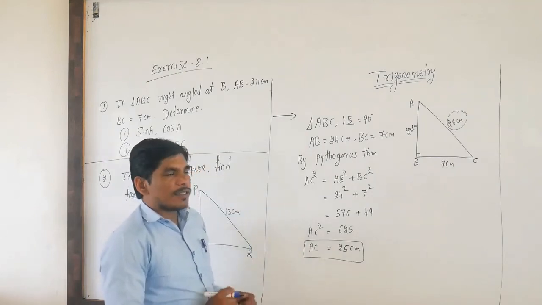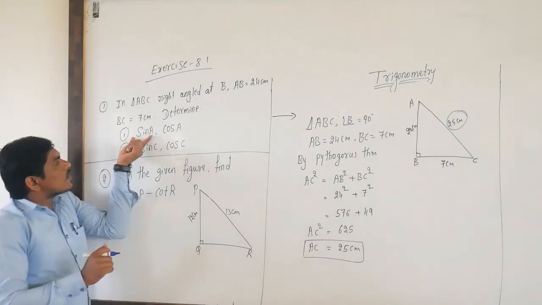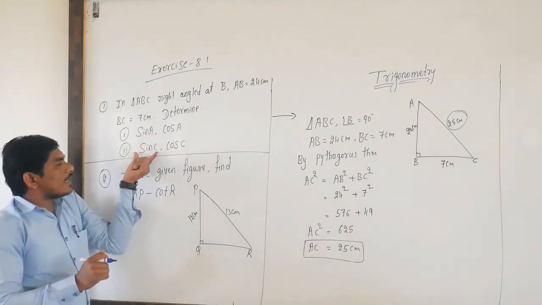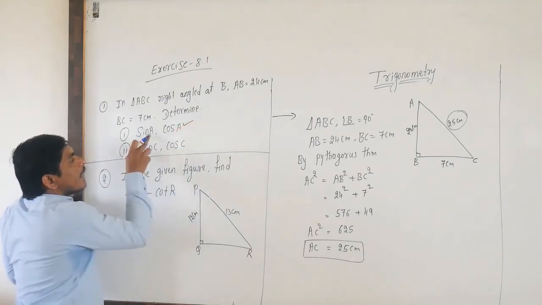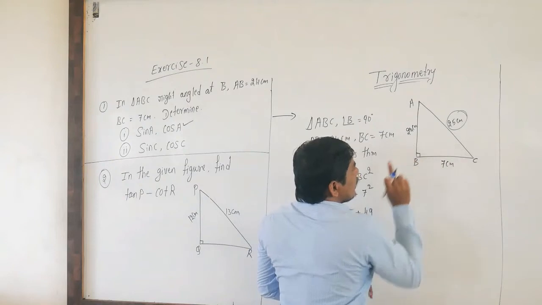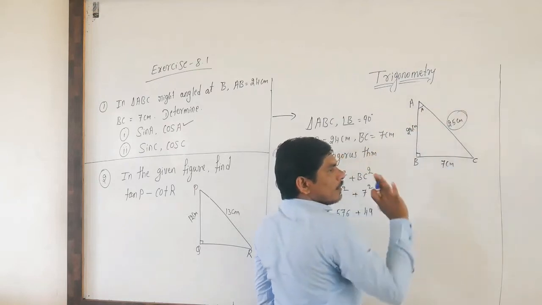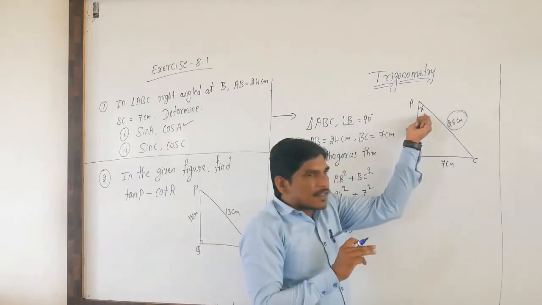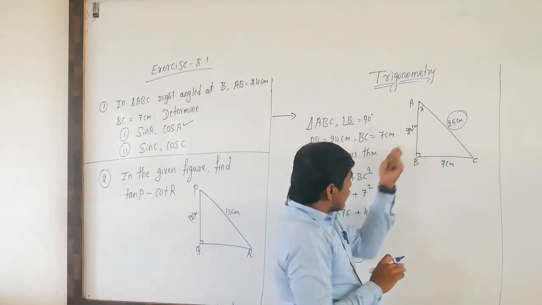Now the next point is, in this problem, sin A, cos A, sin C, cos C. It means, according to the first result, A is an acute angle. In explanation part, I have considered theta. Theta is a standard symbol.